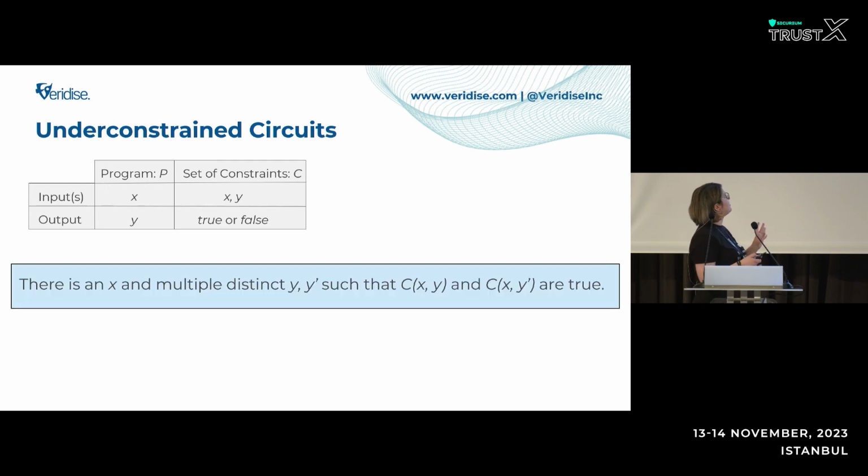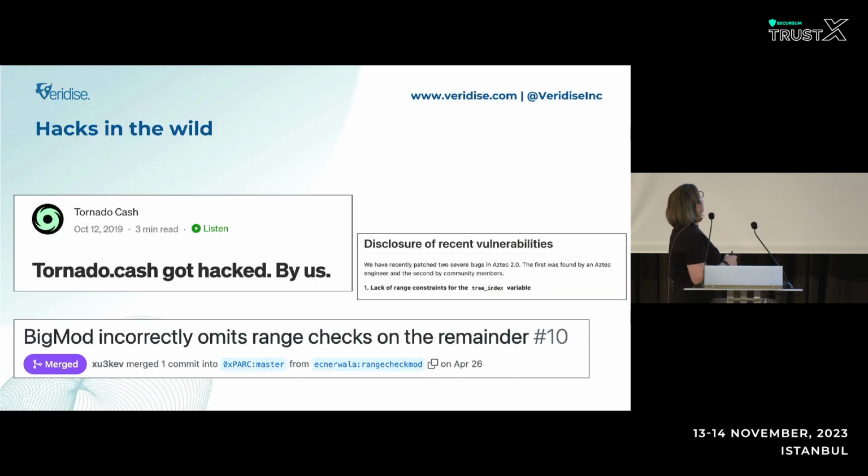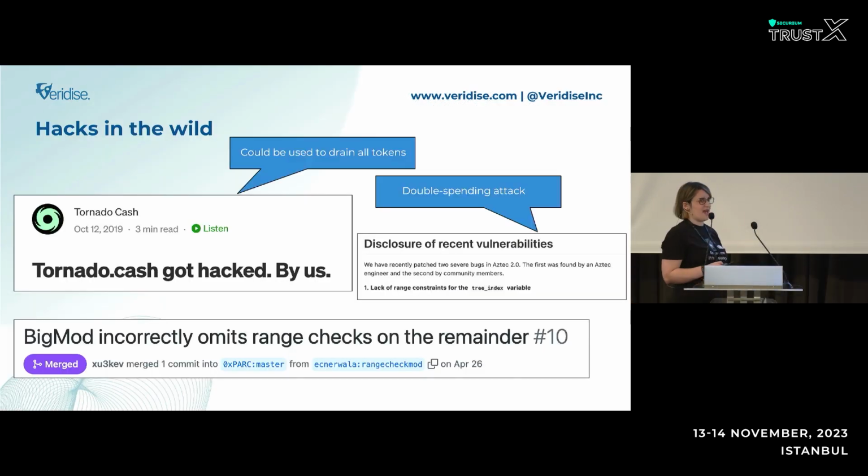These unconstrained circuits are closely related to the notion of non-determinism. Basically, for a given input x, we can verify that multiple distinct proofs are valid, which is not desired. In other words, this means that the verifier could accept invalid computations. Here are some examples of the hacks that happened in the past. Here we could mention Tornado Cash.